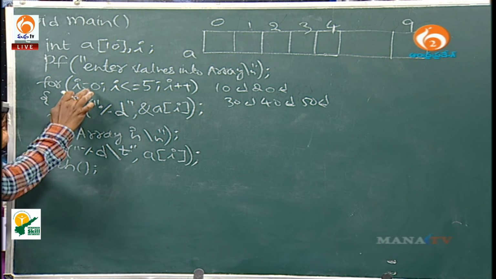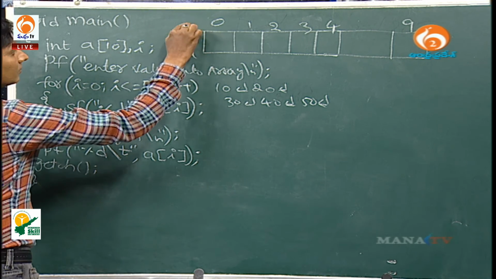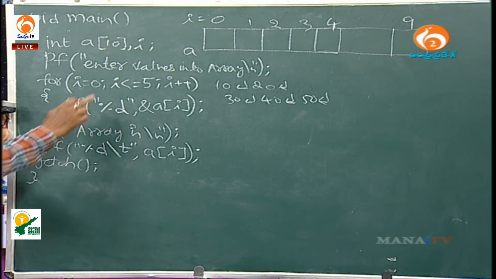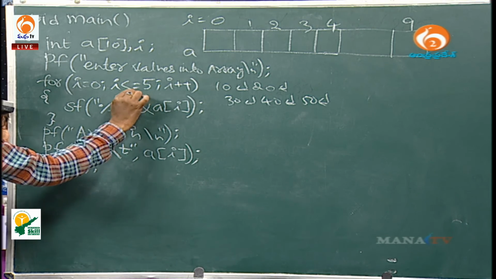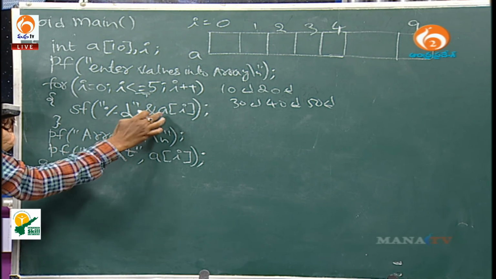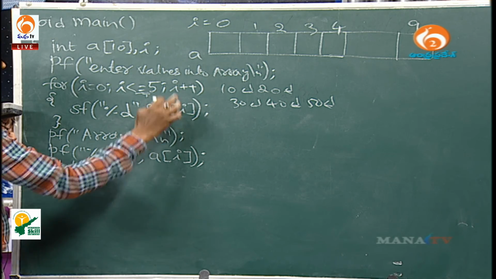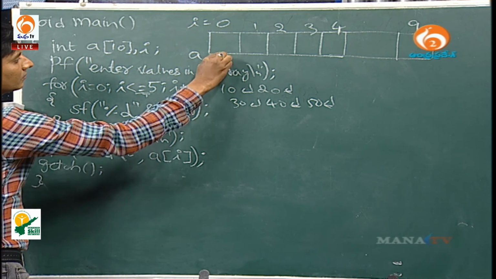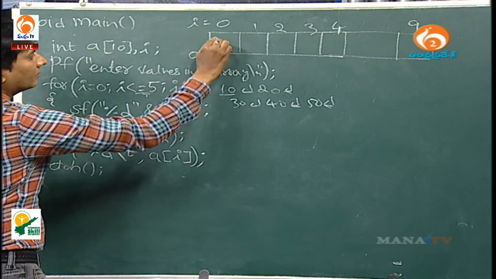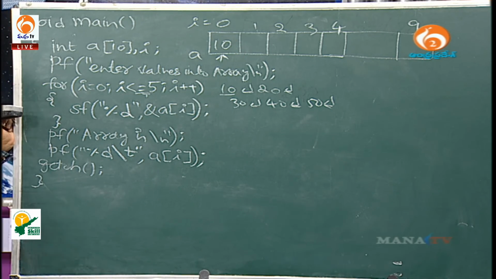First I equal to 0. 0 less than 5, which is true, the condition is true. Next, scanf means reading, ampersand A of 0, here the value 10 is read and stored into A of 0.